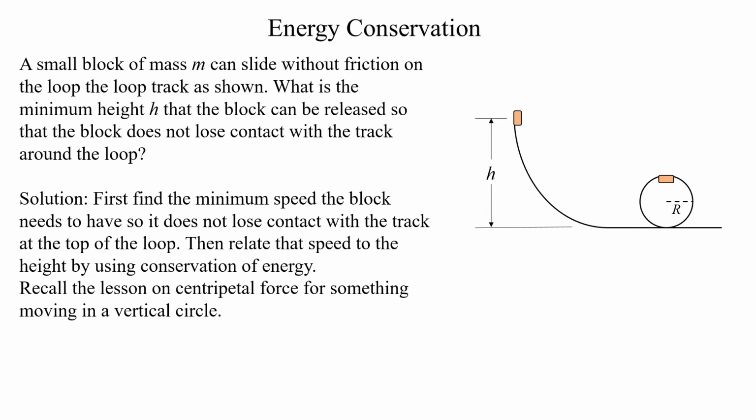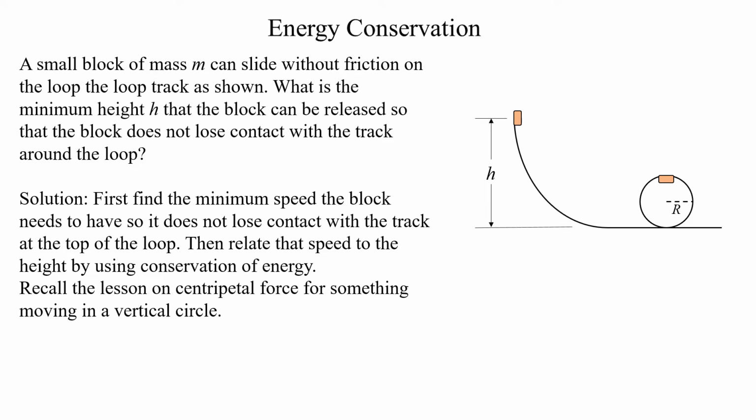All right, so one thing we notice, we don't have any friction, so there are no non-conservative forces, and there's no external force. We just have gravity and our frictionless track. Now, in order to make it through the loop, we have to be going fast enough. So if you recall, we did a problem similar to this when we were talking about centripetal force.